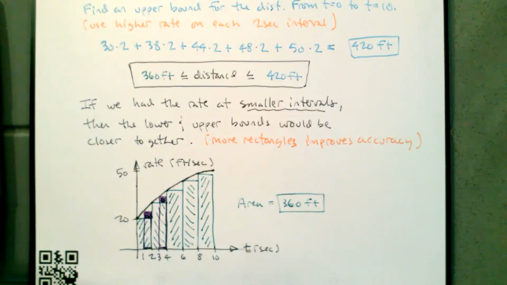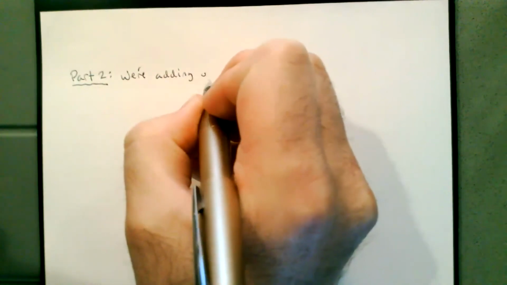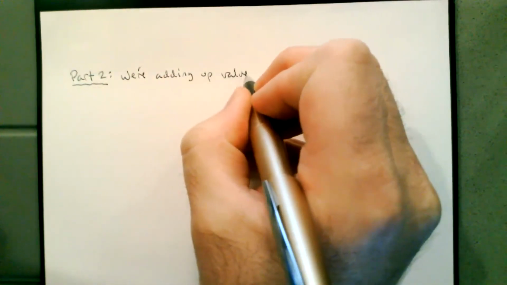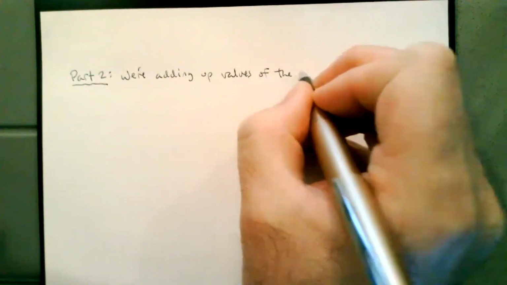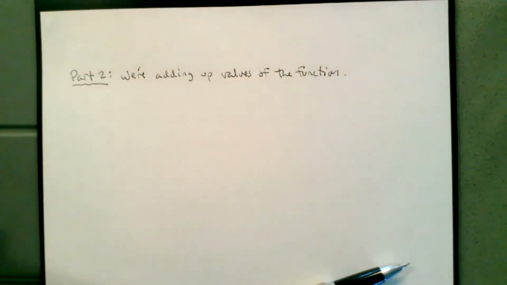Now we want to move on to phase 2 of the thinking behind area under the curve. Here's another way we could think of what we're doing.